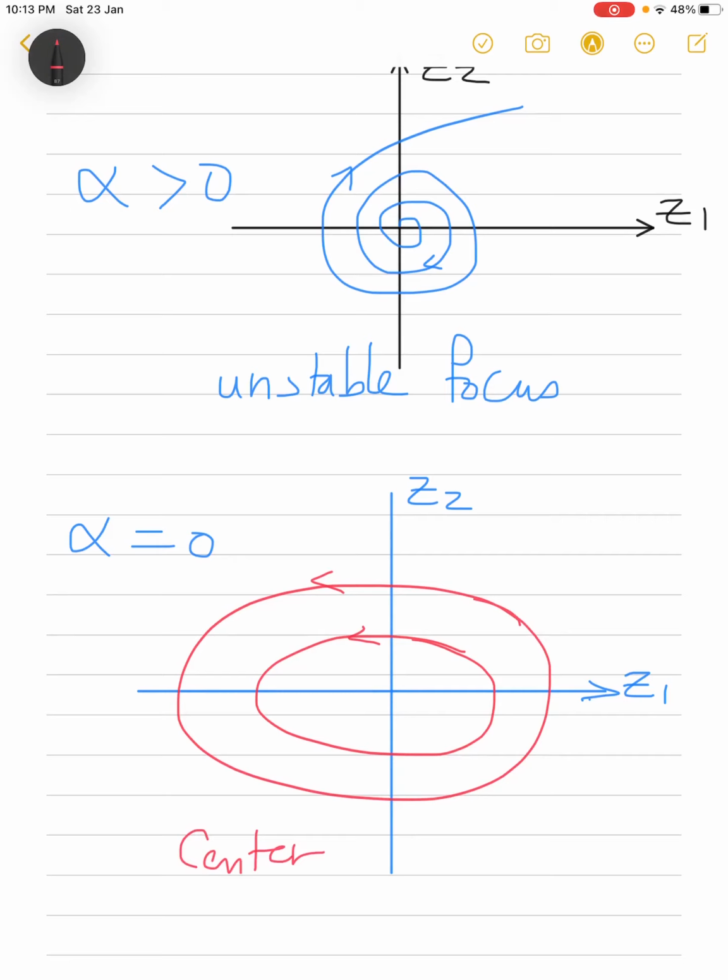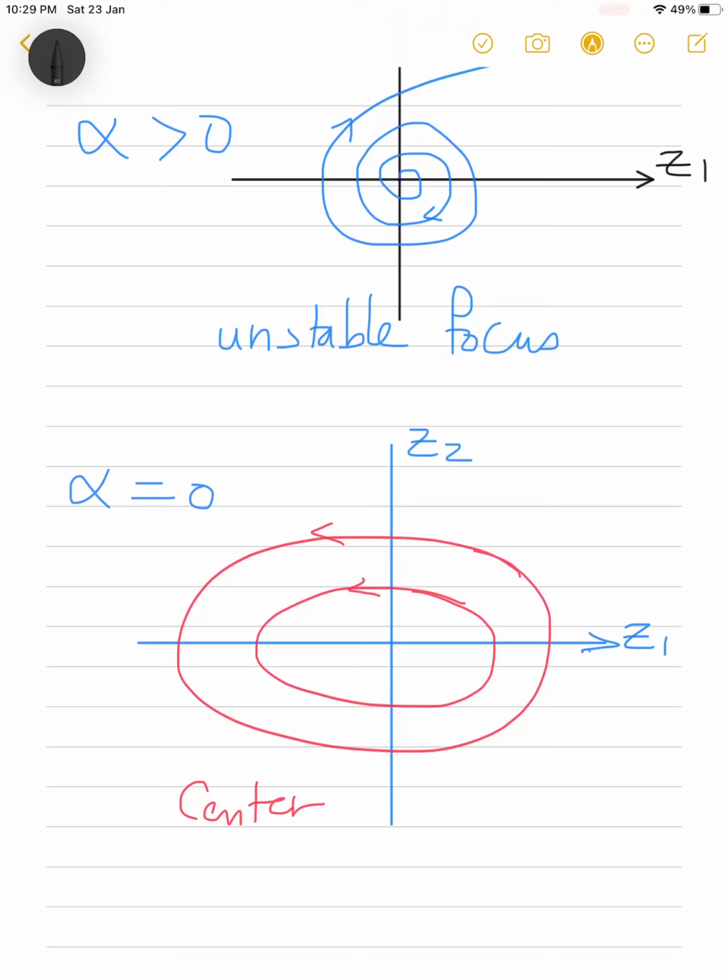So these are the three possible situations that we could have if we have complex roots. A special case could happen if we have one of the eigenvalues equal to 0 or both of them. So for example, let's assume that lambda 1 is equal to 0 and lambda 2 is not equal to 0.